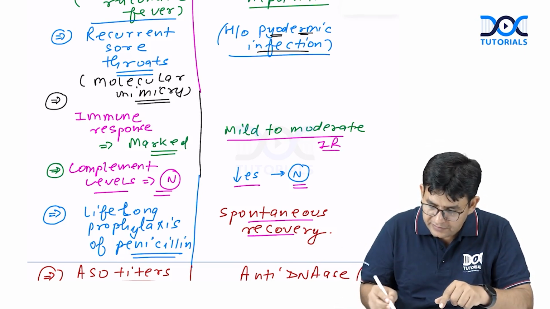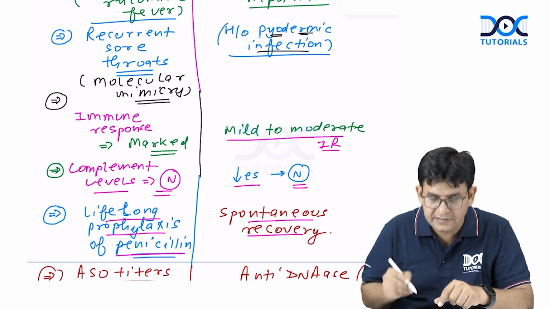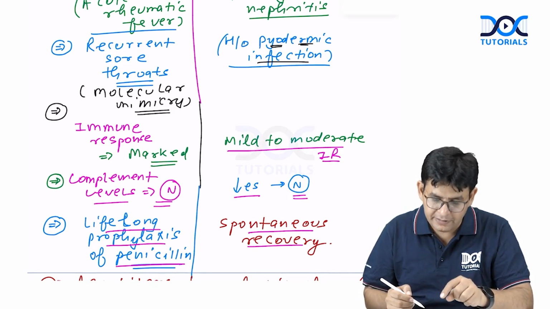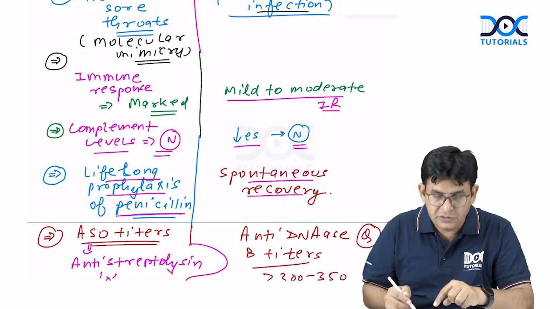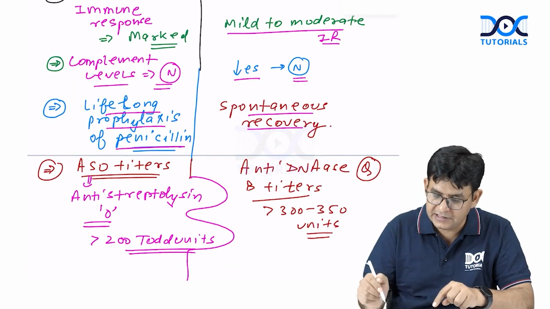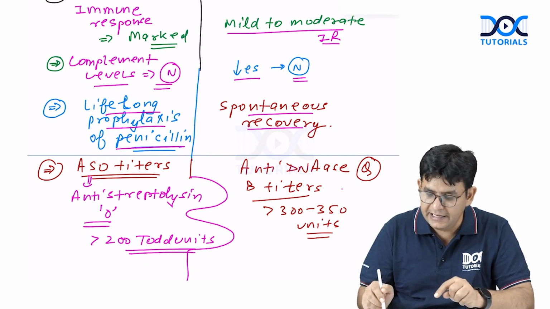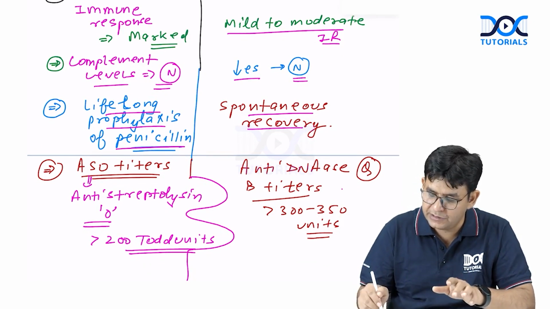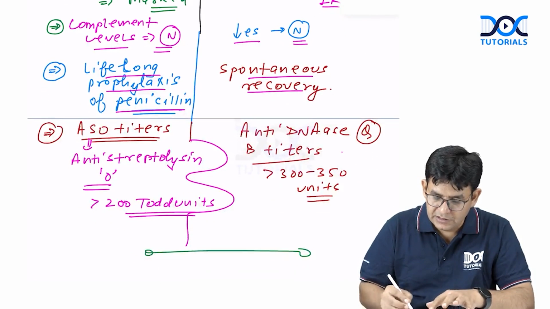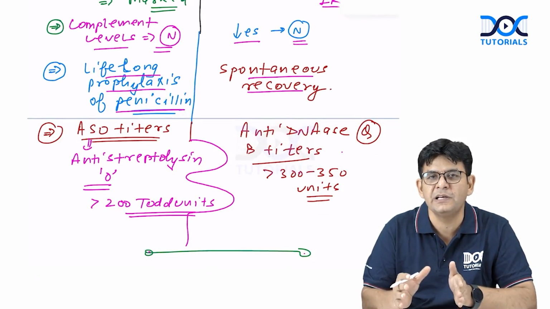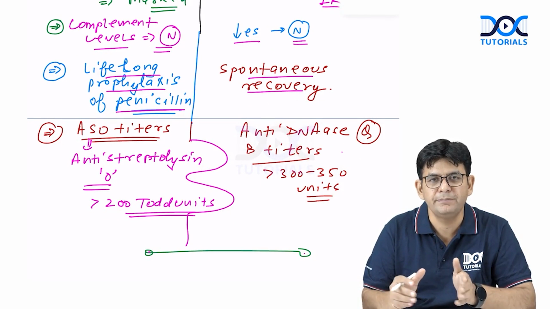Whereas in this there is spontaneous recovery, and lifelong prophylaxis with penicillin is indicated in acute rheumatic fever. ASO titers more than 200 odd units are looked for in this one, whereas on this side it is anti-DNase B titers more than 300 to 350 units. Is it fine? So this you need to remember regarding the difference between these non-suppurative complications of Streptococcus pyogenes.